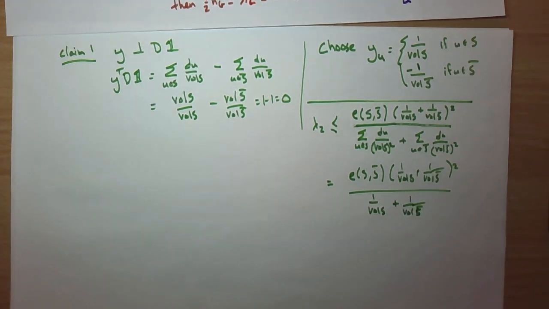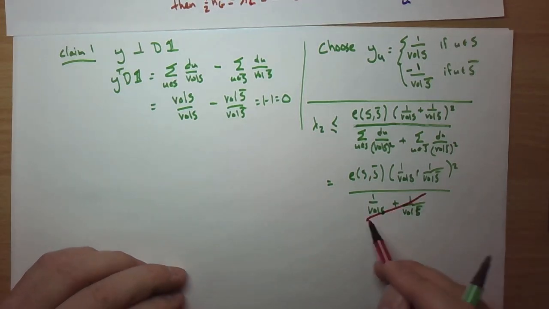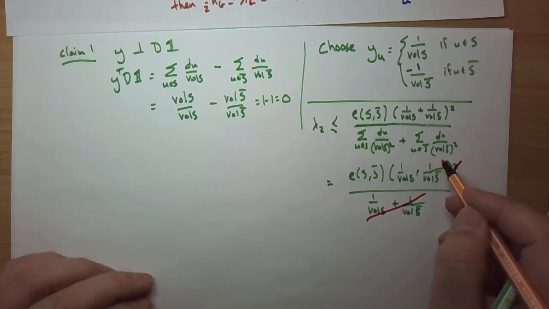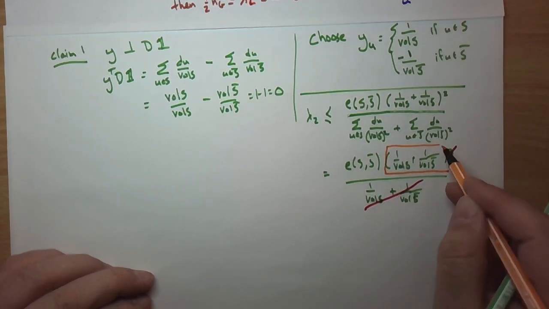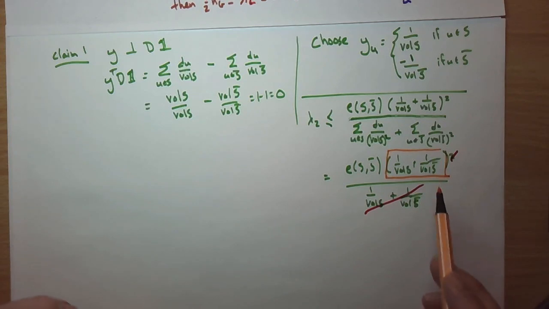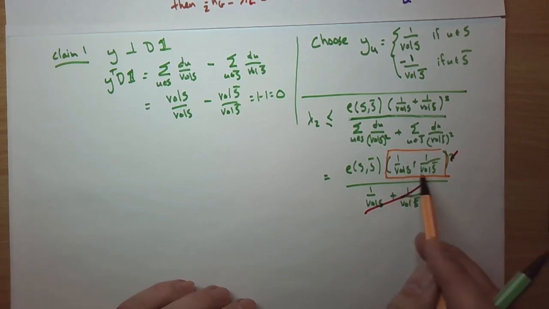And then we're like, whoa, that's so cool. We cancel. And now the last thing, okay, what can we say about this? Well, I have volume of S complement. What I can do is I can say, what's the smaller of the two?